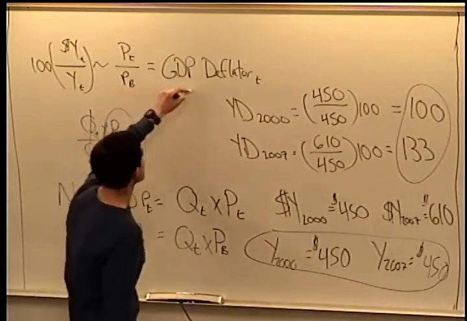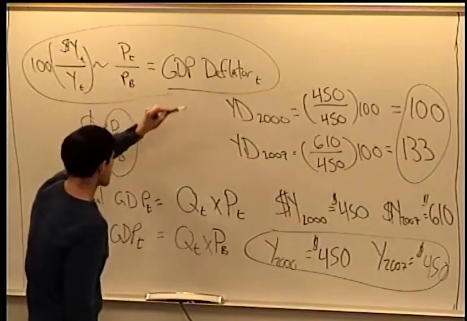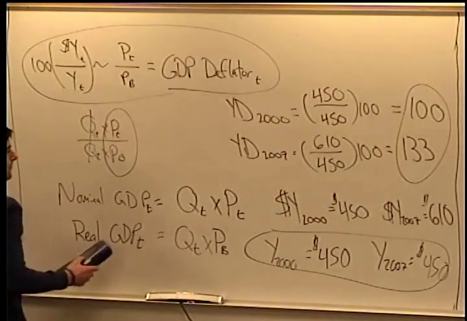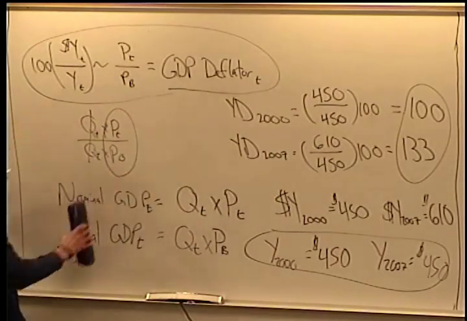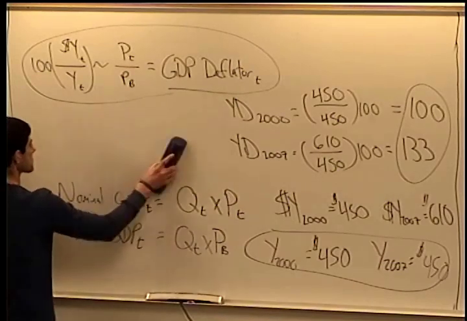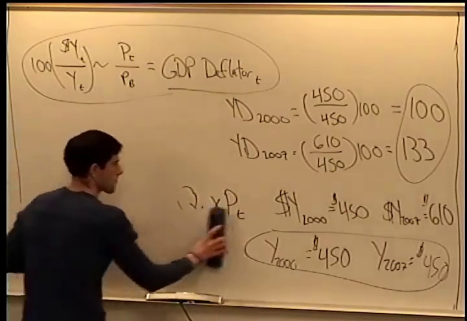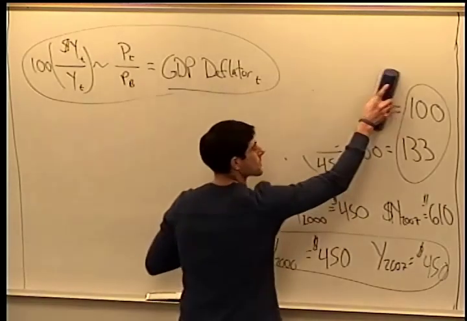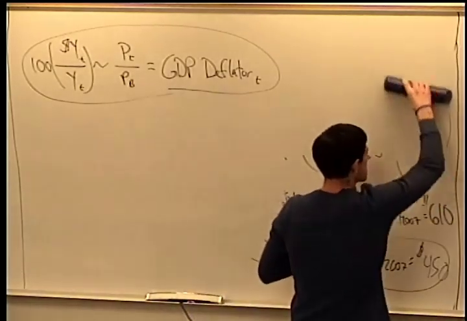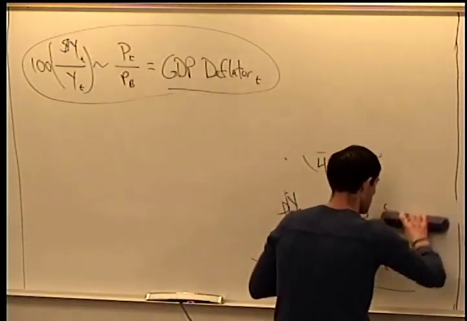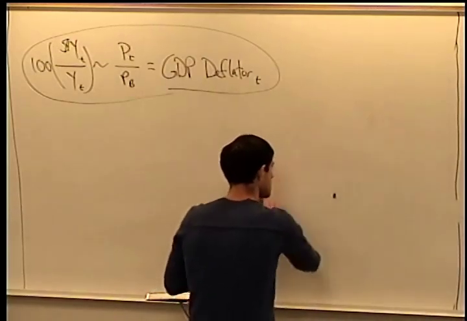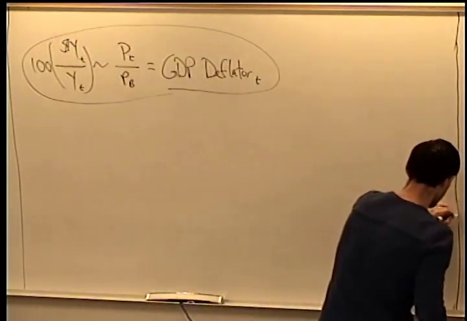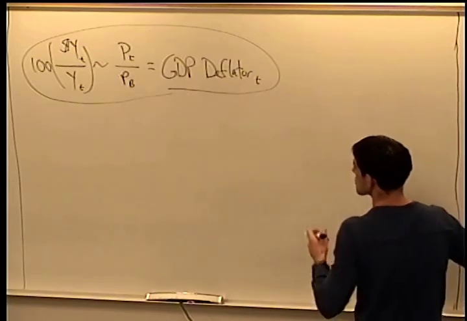So this formula right here can be used to calculate a lot of things. So I'm going to go ahead and erase this, but just keep this formula. Okay, so we can rearrange this.